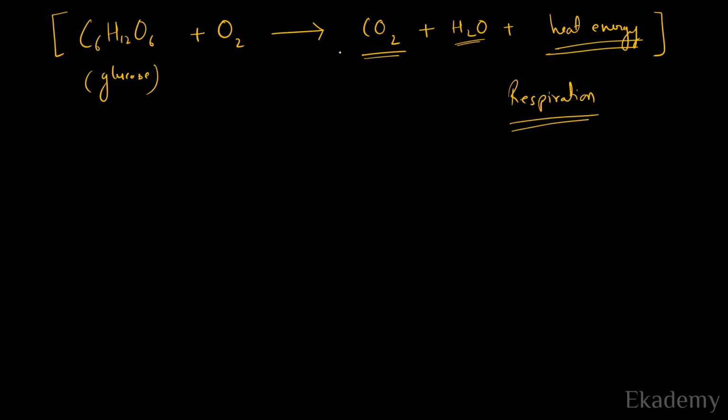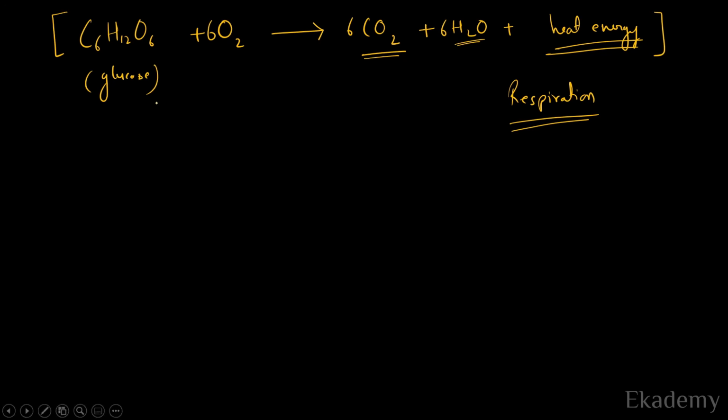Again, you can see that this is not a balanced equation, so we must balance it. You can pause this video and try to balance it. The balanced form will be like this: C6H12O6 plus 6O2 gives 6CO2 and 6H2O.